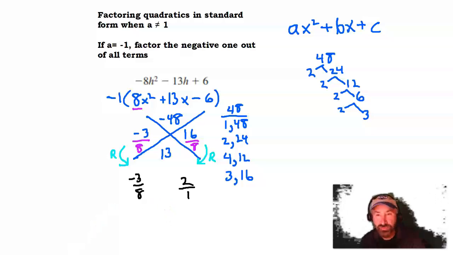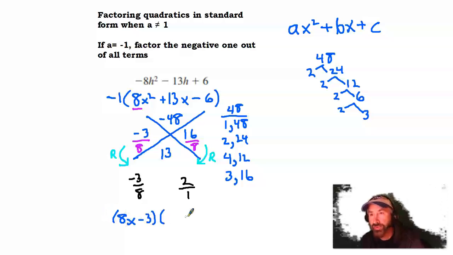So let's give it a try. I'm going to write out 8x minus 3. And I'm going to write x plus 2. And some of you might be wondering, where did that come from?